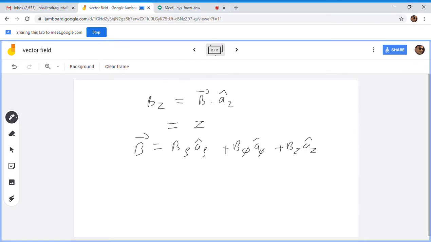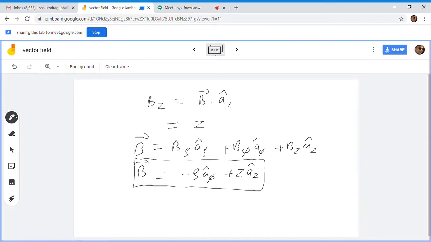As we have seen, B rho is 0, B phi is minus rho a phi, and Bz az is plus z az. So this is your vector field, the field converted to the cylindrical coordinate system.